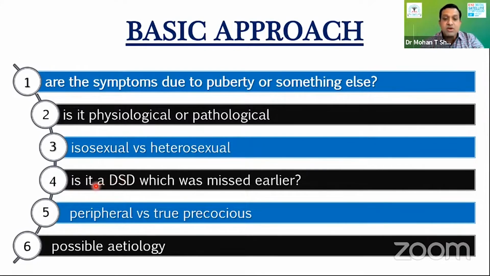Or, as the previous speaker also told about DSD, is it a DSD which was missed earlier? That can also happen. And finally, once you have diagnosed, it can be peripheral precocious or true precocious puberty. And finally, the etiology. So it is not directly going for radiology. It requires clinical examination, history taking, and a lot of methodical testing as well.